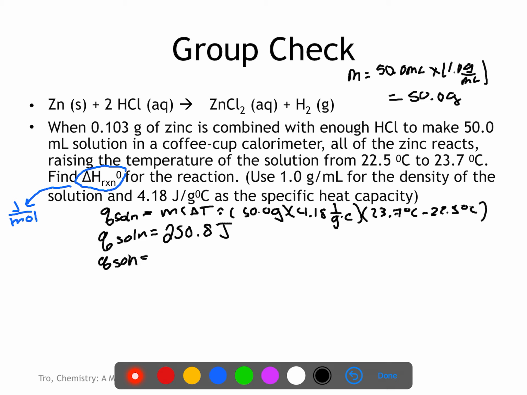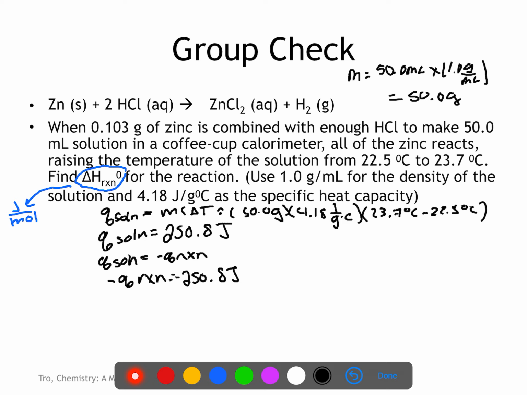Since heat of solution is equal to heat of reaction, your heat of reaction is 250.8 joules as well, negative.